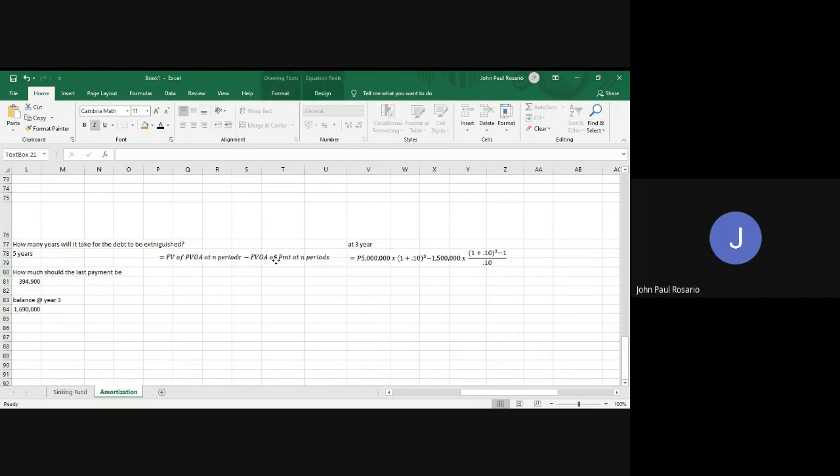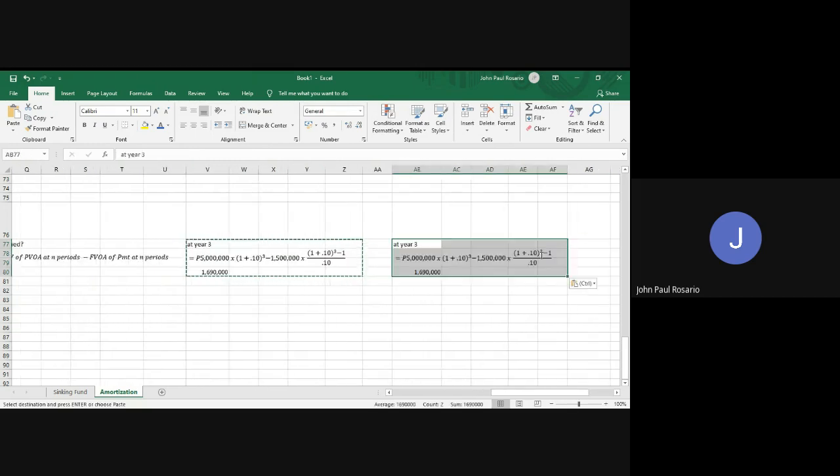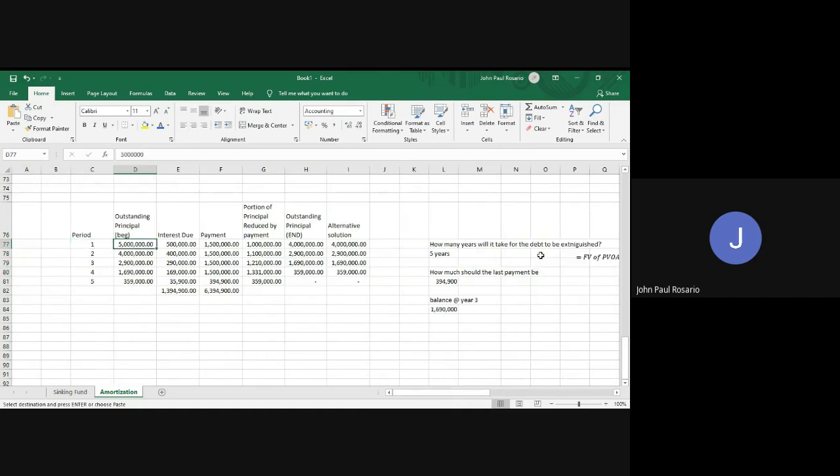How sure am I? So this is like 1 million daw ni siya. 1,690. And how about at year 3? Then we copy all of this, paste it here. Then we start with year 4.